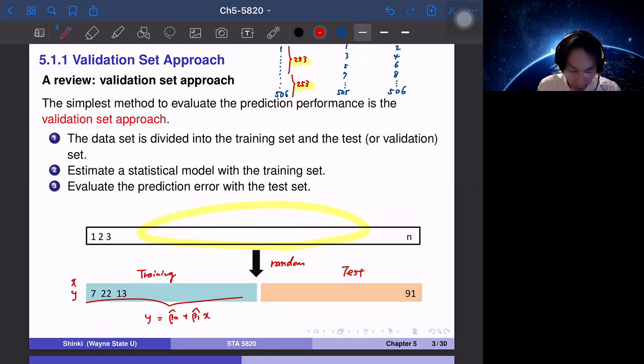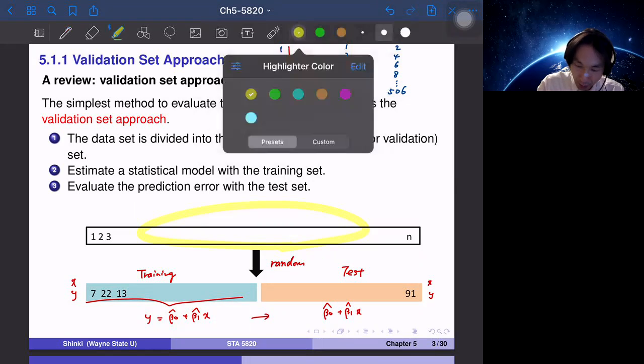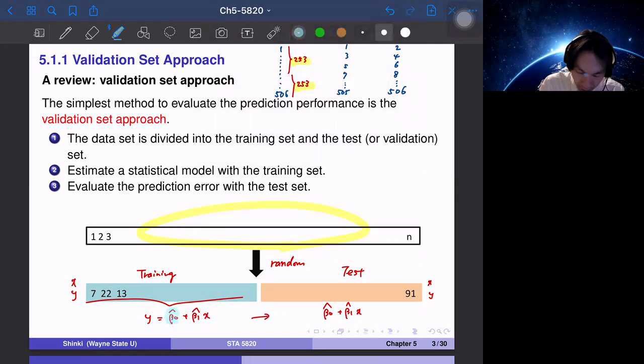Then we apply the test set, which also has x and y. We predict the y value by beta naught hat plus beta 1 hat times x. These estimates are obtained from the training set only.